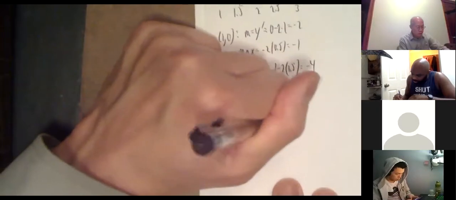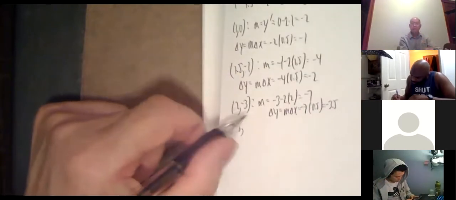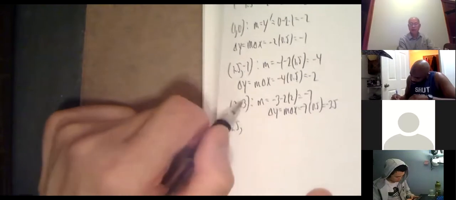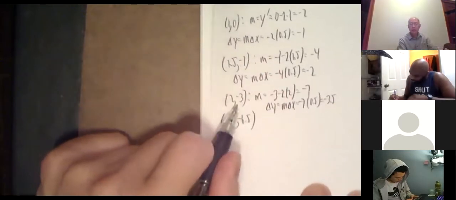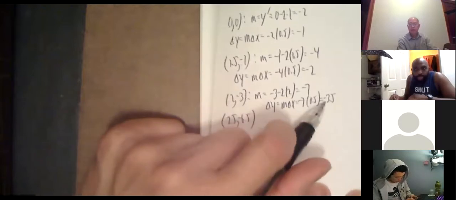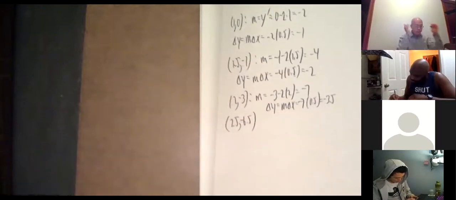Oh, I'm sorry, I didn't figure out the delta y. Delta y is m delta x, which is -7 times 0.5, which is -3.5. I caught myself just because I didn't have a delta y yet. Okay, so now it's what, -6.5? Old y plus delta y, -3 plus -3.5, -6.5.